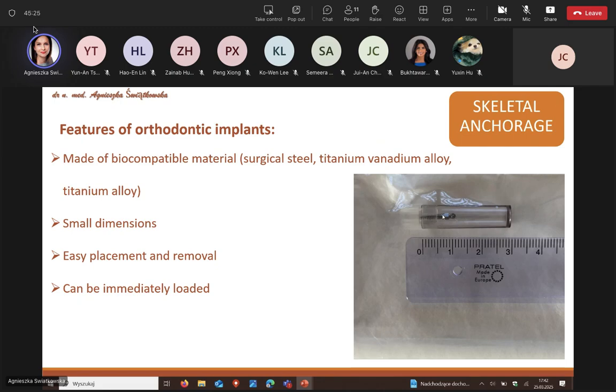Only this part is in the bone, this part is under the mucosa. It's easy to place and remove, especially for a surgeon. If we talk about placement, removing this micro screw is easy for everyone, and it can be immediately loaded.